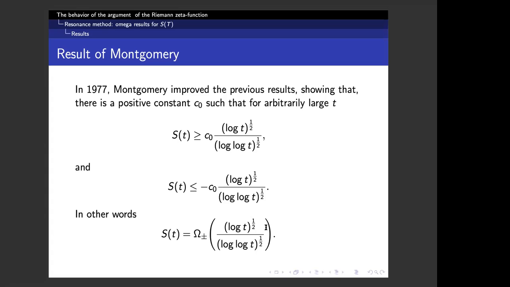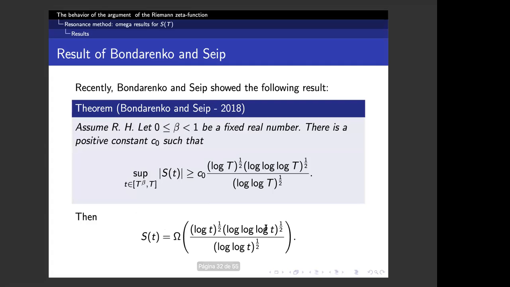Nice. But recently, Bondarenko and Seip establish the following result. Assume the Riemann hypothesis, fix a number between 0 and 1. So there is a positive constant C0 such that you have this inequality. The supremum of S t in this interval is bigger than C0 and these factors here.